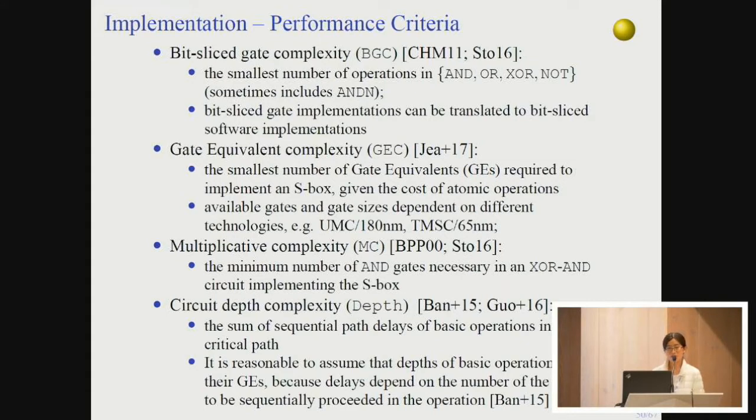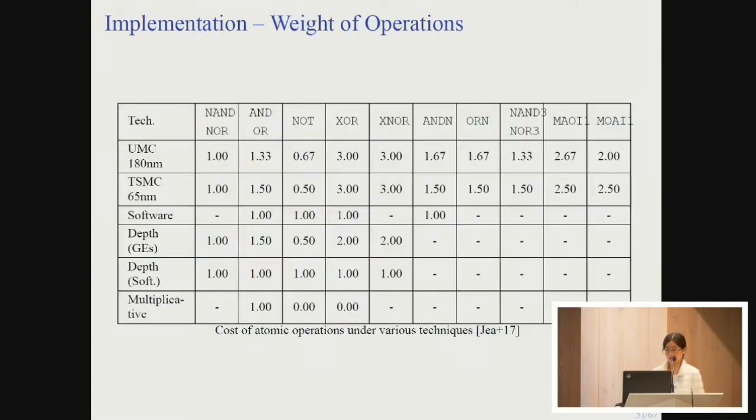Given an S-box, Pagan will evaluate the implementations in terms of the following performance criteria: the bitslice gate complexity, the gate equivalence complexity, the multiplicative complexity, and the depth complexity. And inherited from Lighter, Pagan can consider that different gates can have different costs, both for the gate equivalence complexity and the depth complexity.